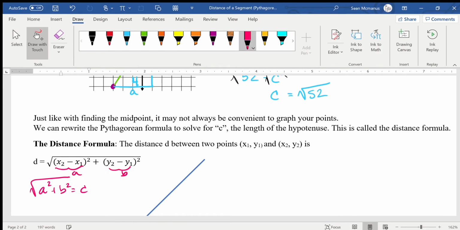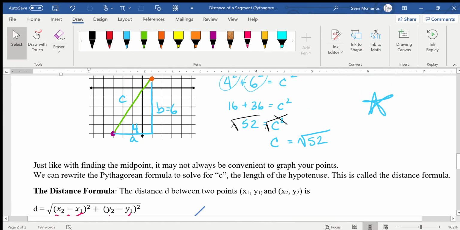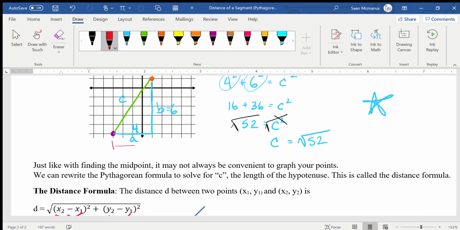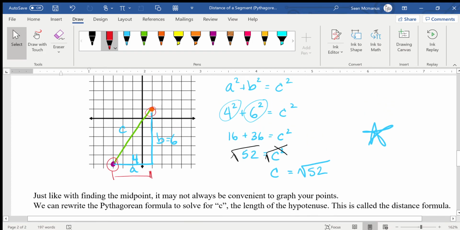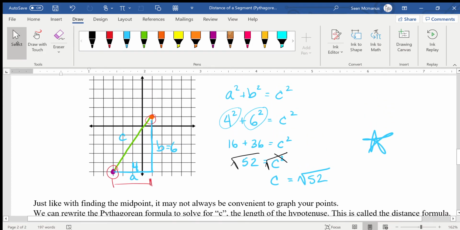This is A and this is B. If I wanted to know how long this segment is on A, I could take the x coordinates of the 2 points and subtract them, the difference. The x coordinate is 1 and the x coordinate is -3. 1 minus -3 becomes 1 plus 3 is 4.